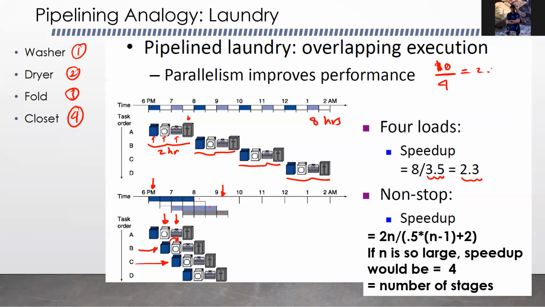That's 2.5, which is more than 2.3. The speedup improved because the number of users increased. With 6 users, it will be 12 hours in series with no pipelining, and 4.5 hours with pipelining, which is about 2.66.